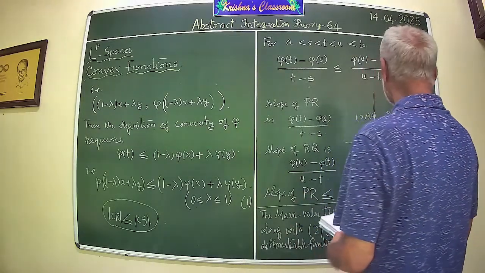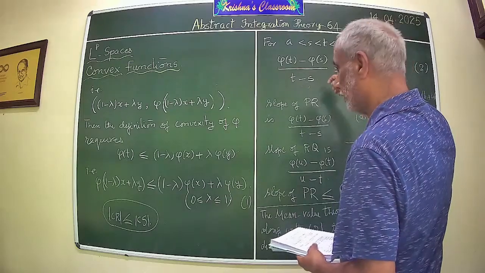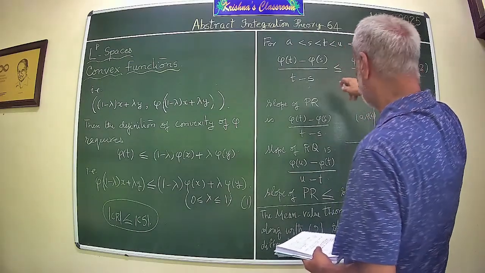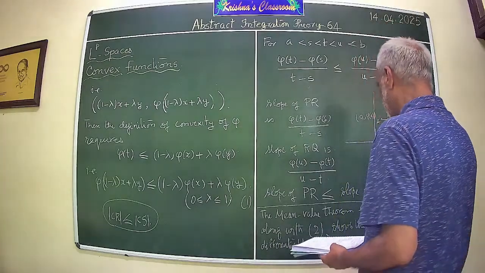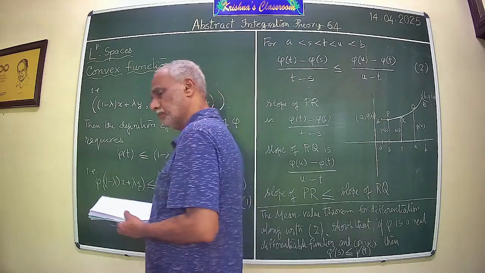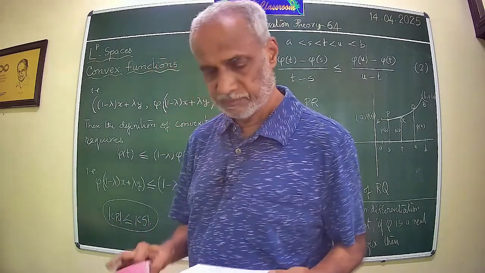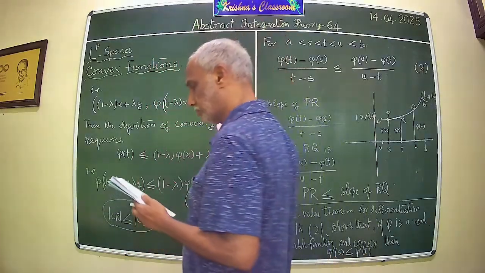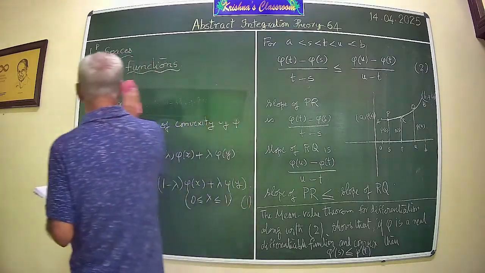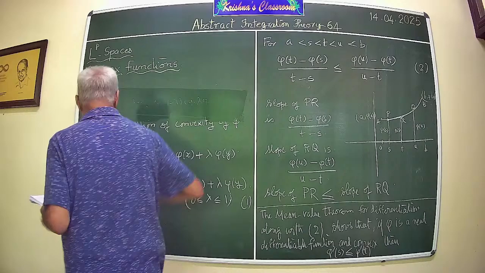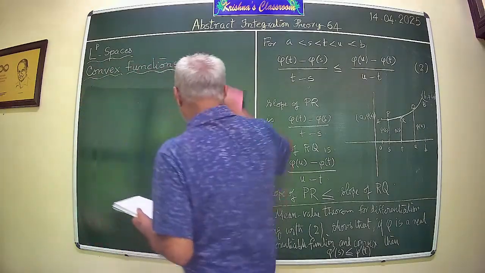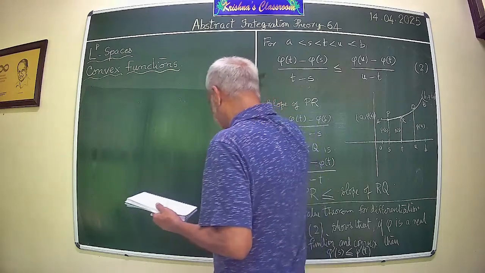Okay, so that is obtained by taking the limit on either side, but we need the condition that the function is differentiable. What does this mean? That means the derivative is monotonically increasing.